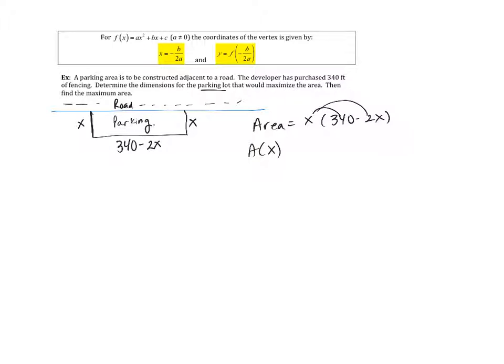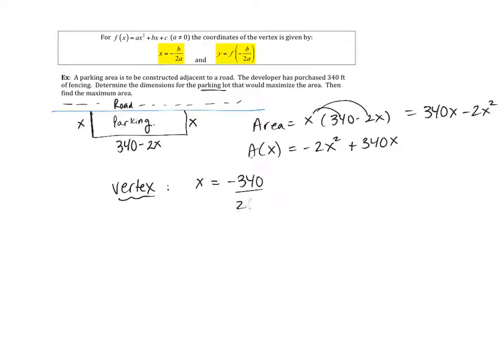Distributing that x, we would get 340x minus 2x squared, and I'm going to write that with the x squared first. And now I need to maximize area, so that's a vertex question. The x would be negative b, so negative 340 over 2a, which is negative 2.